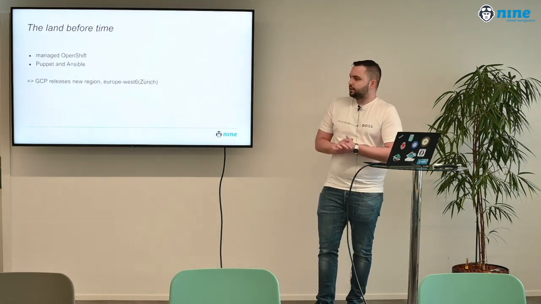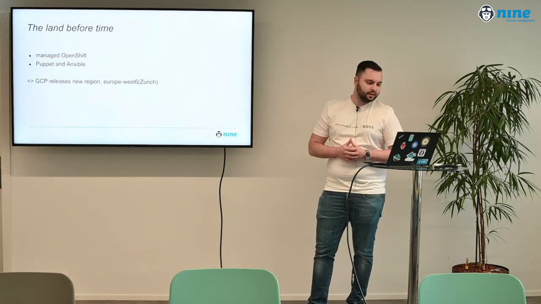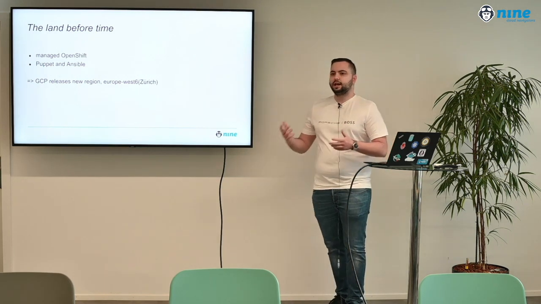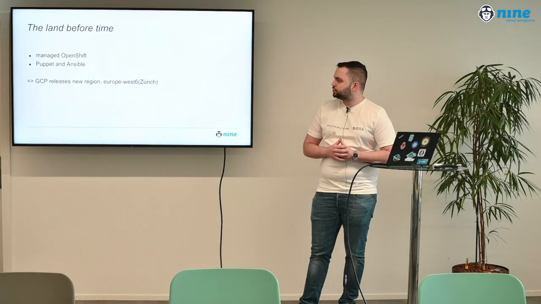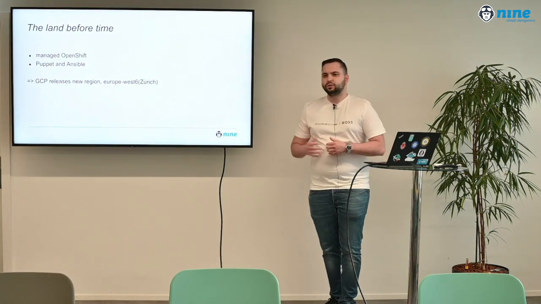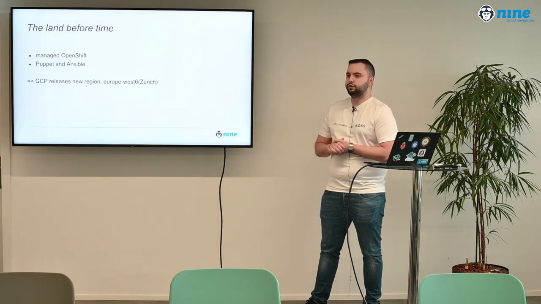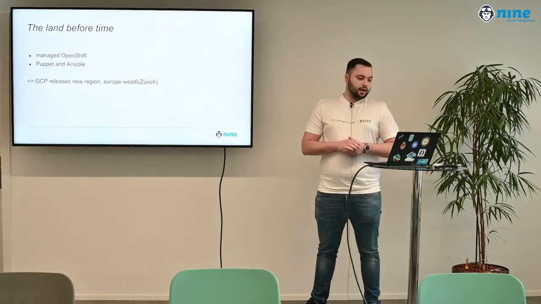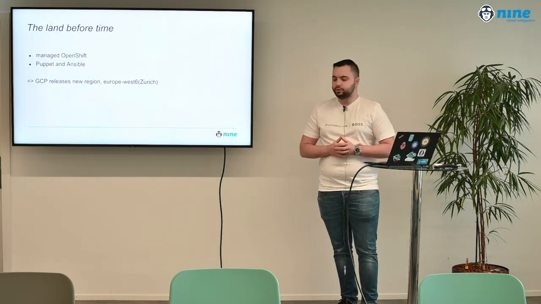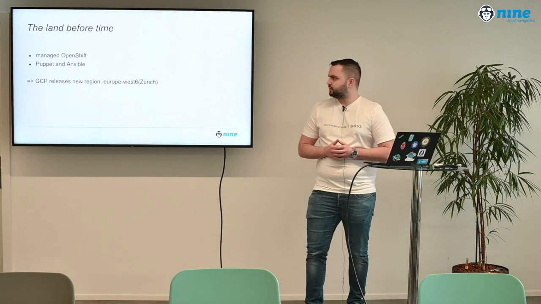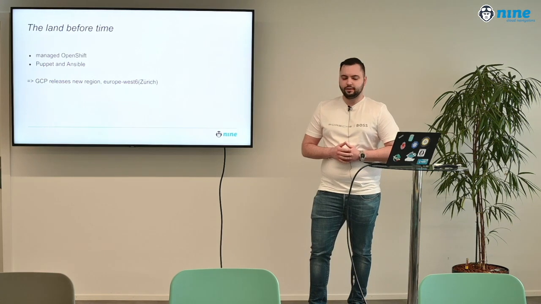So let's talk about even before 2018, that was the landscape really for Team Platform. We had a managed OpenShift solution where we mainly used Puppet and Ansible, and we were looking for a new way to deploy our managed Kubernetes or managed cluster solution, because with OpenShift, the prices were rising even before IBM bought Red Hat.